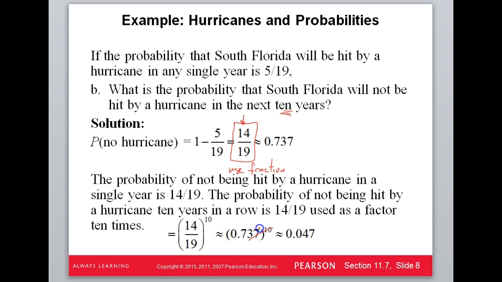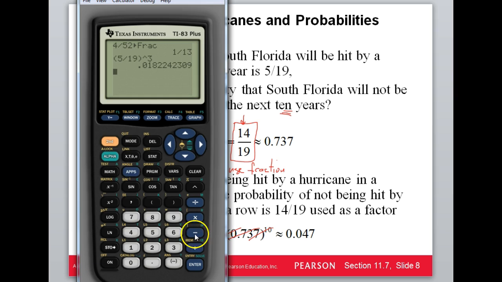Alright, I would not do this step. I would use the fraction to the 10th power, because your calculators can handle that. It's going to be much more accurate than if you use the decimal to the 10th power. So 14/19 to the 10th power is 0.0472 roughly.